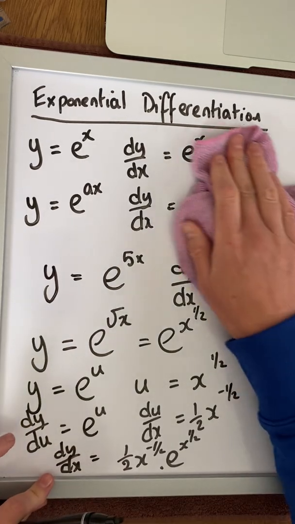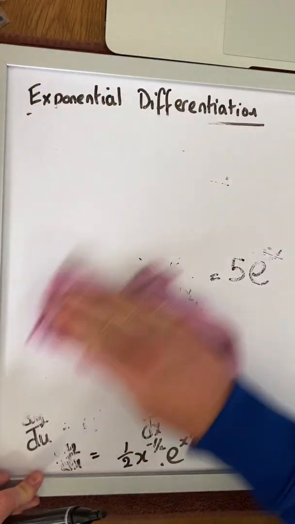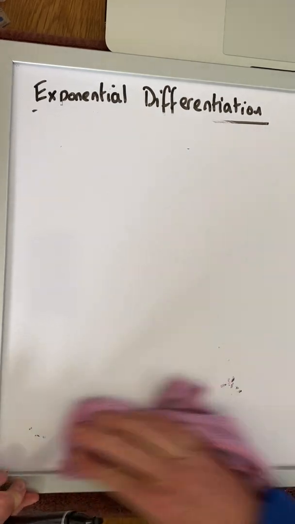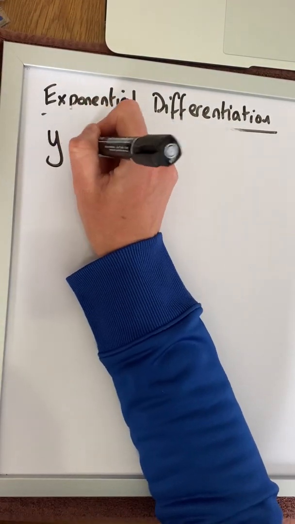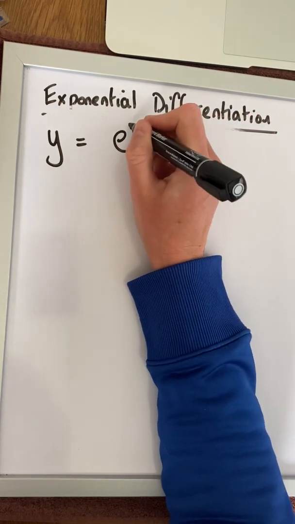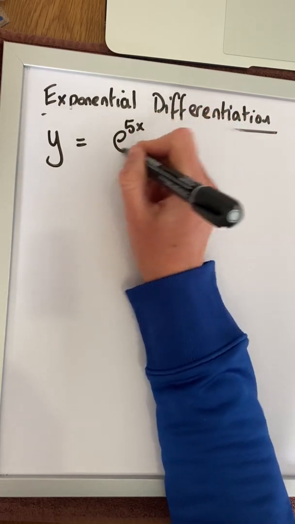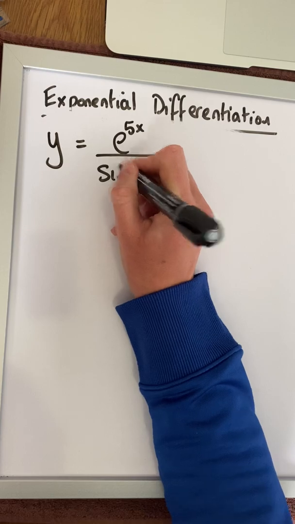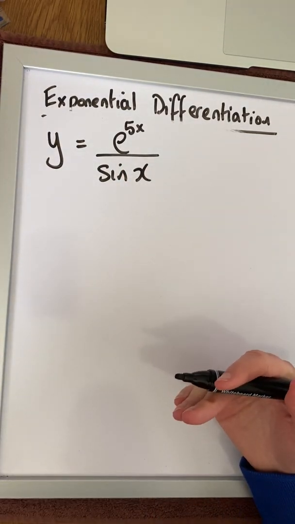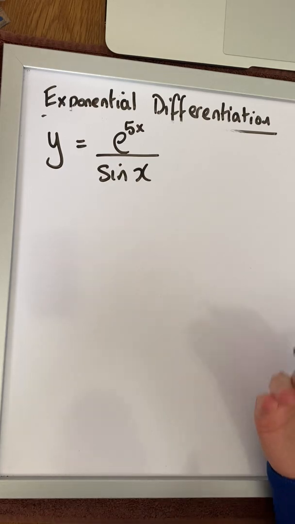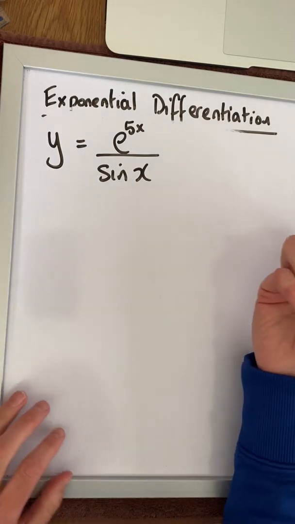Now, we also have examples where we have to use the quotient and product rules for exponential differentiation. Looking at this example here, y is equal to e to the power of 5x over sine x. In this, we don't have any way of simplifying it, so we have to use the quotient rule.